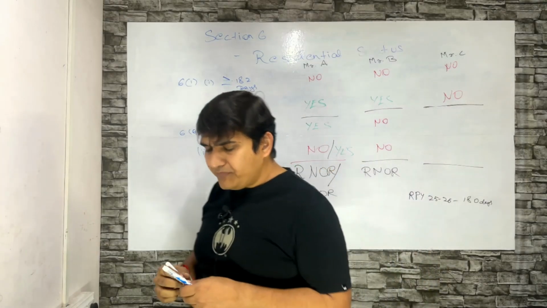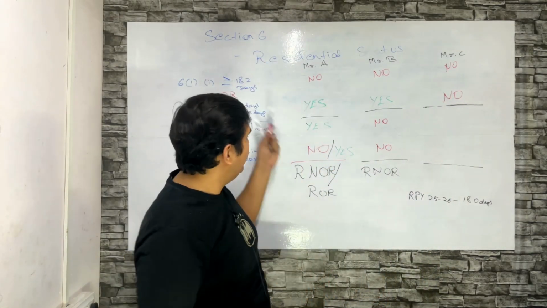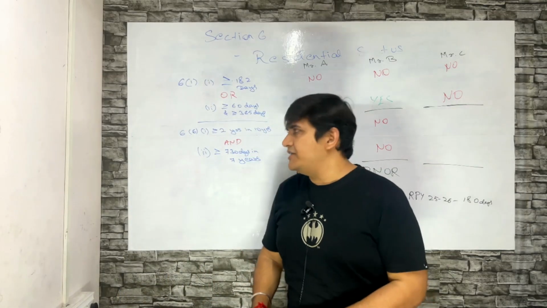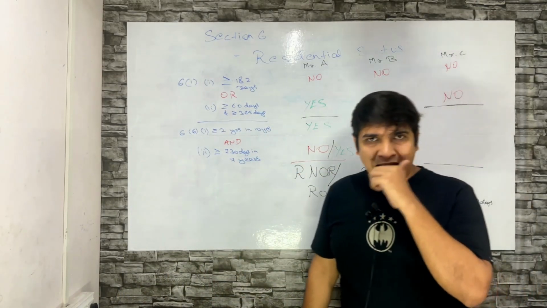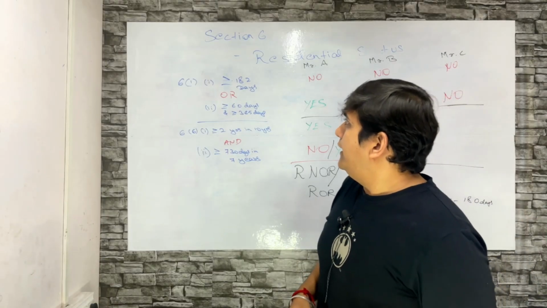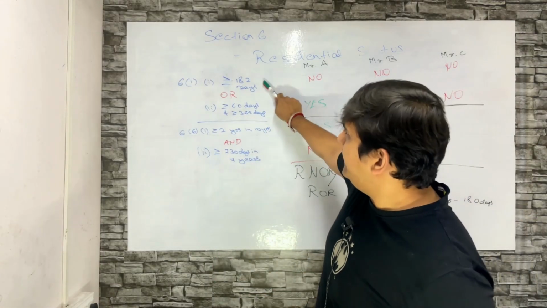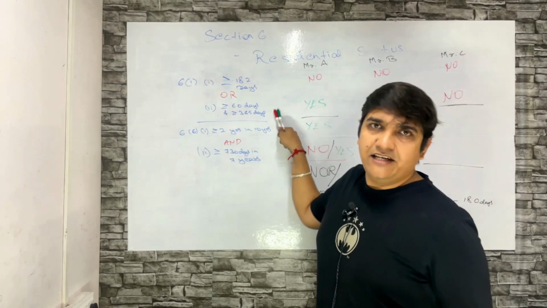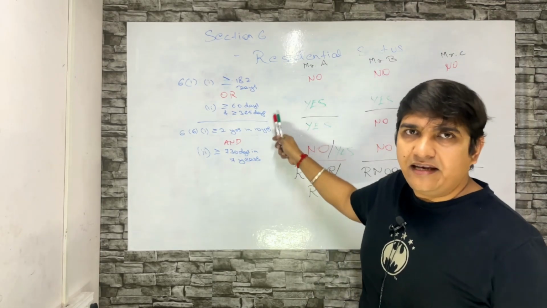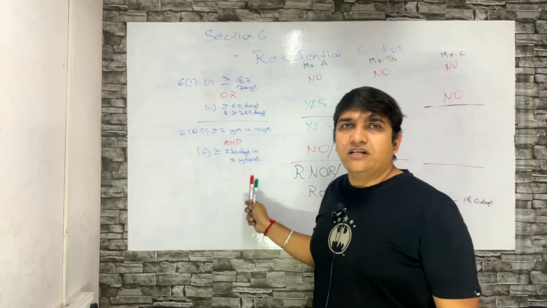Now, when the first condition is not satisfied and the second condition is also not satisfied, do we have to check the additional condition? No. Why? Because the law clearly says only if any one of the basic conditions is satisfied can you go for the additional conditions.